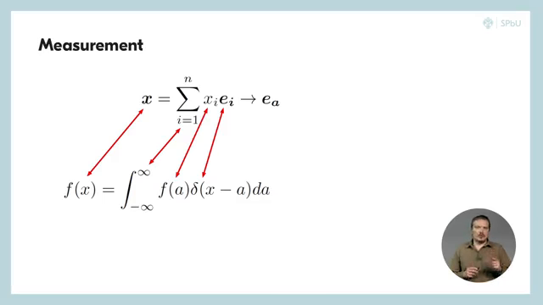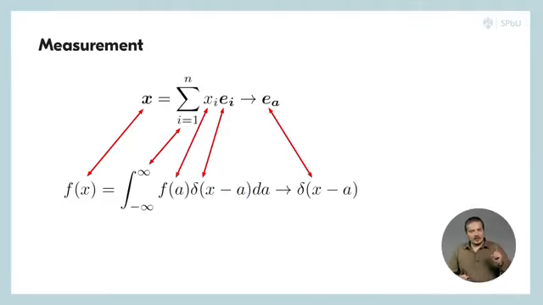Instead of a sum over the set of vectors, we must write an integral, since now our basis is continuous. And instead of x_a, we write here f of a, which is the coefficient in this decomposition. Again, I don't expect you all to understand this expression. The point is that after the measurement in the basis of delta functions, we obtain one delta function with probability defined by the distribution f of x squared.